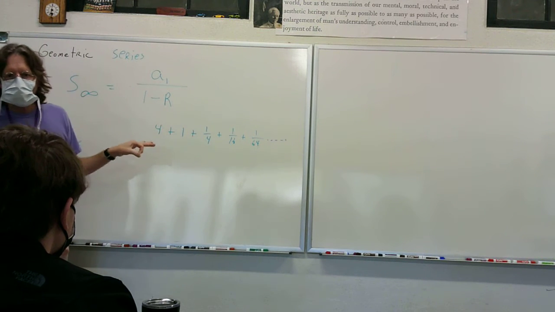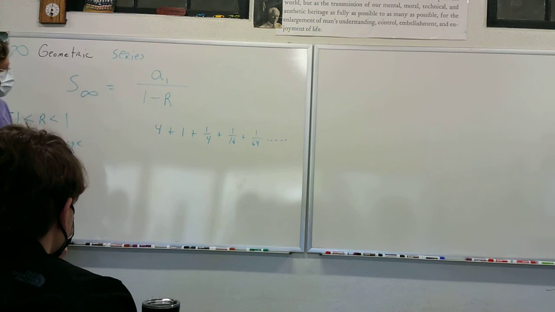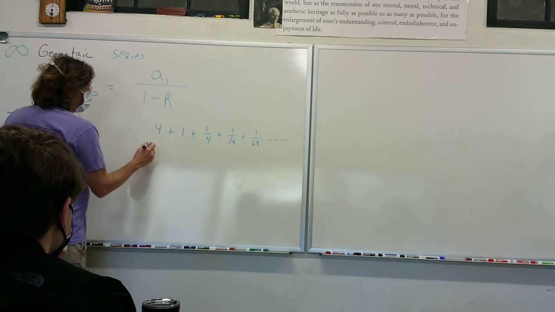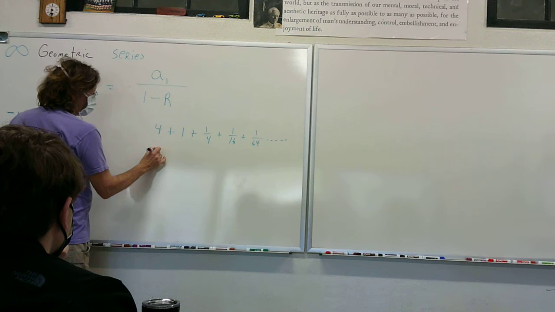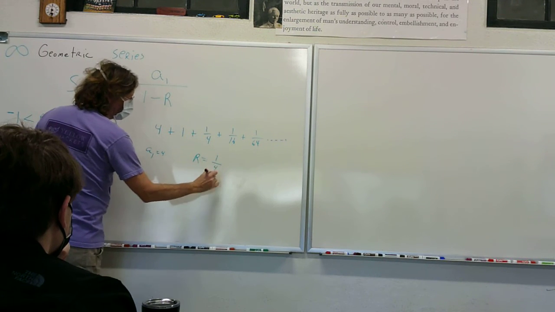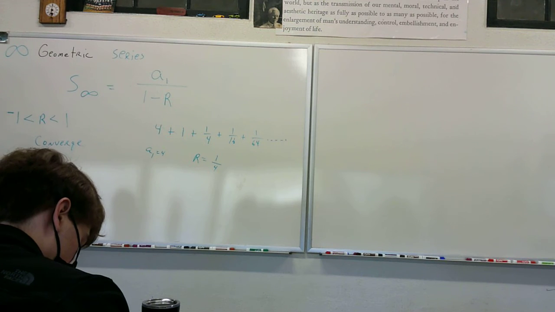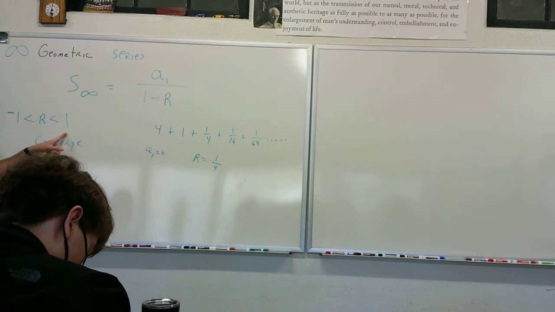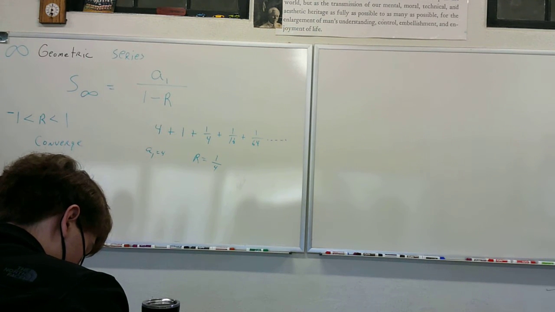That means this is going to converge. Now, a sub 1 is equal to 4. And what is the ratio equal here? 1/4. And is our ratio between -1 and 1? Yeah, so it'll work.